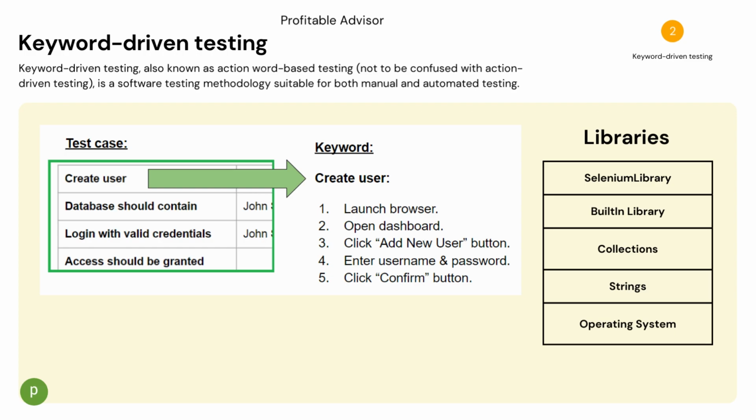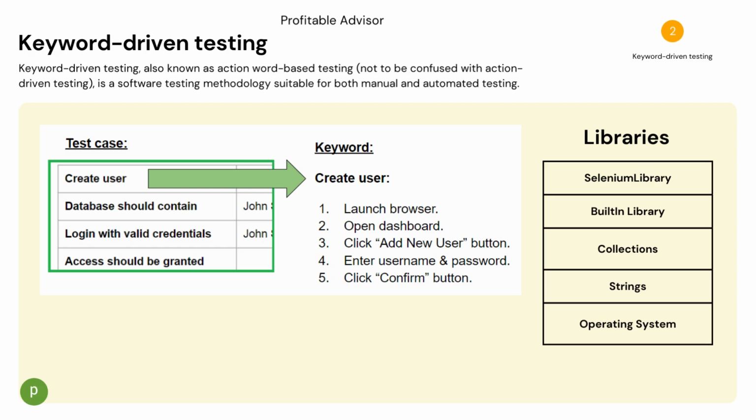All these 3 things are the same. It means keyword driven testing has multiple names. One is action word based testing and another one is action driven testing. Basically, it is a software testing methodology and it's suitable for both manual and automation testing.